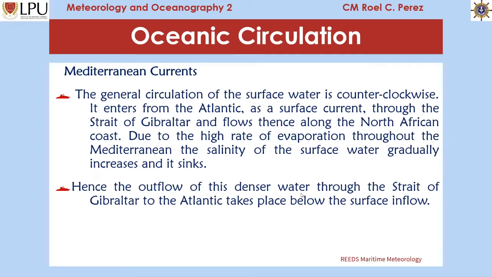Hence, the outflow of the denser water through the Strait of Gibraltar to the Atlantic takes place below the surface inflow. So, sa ibabaw, going inside the Mediterranean, and sa ilalim ng tubig, it is going outside to the Atlantic. So, hindi sila nagkakasalubong. Yung isa sa ilalim, yung isa sa ibabaw.